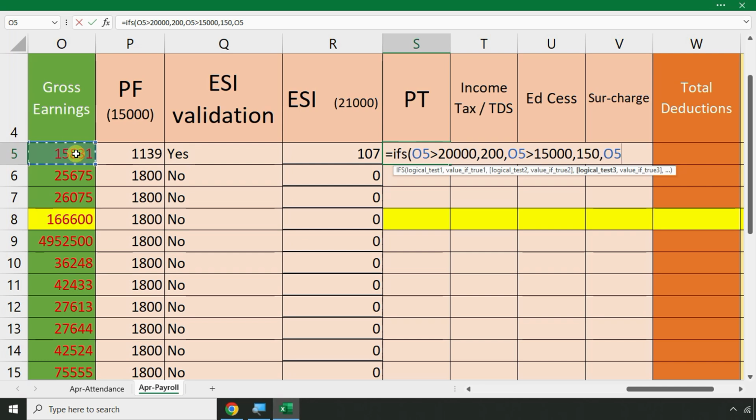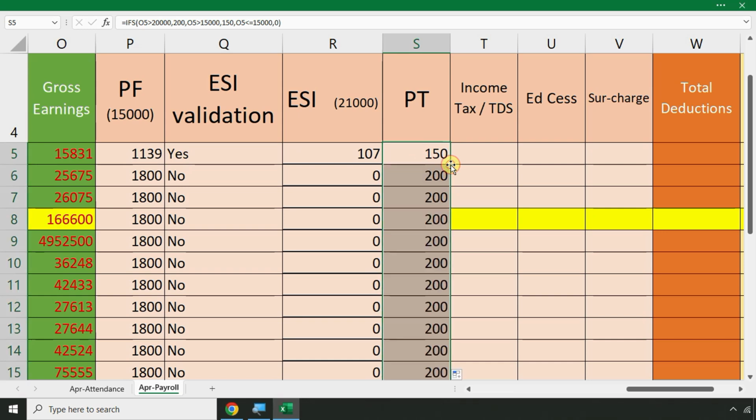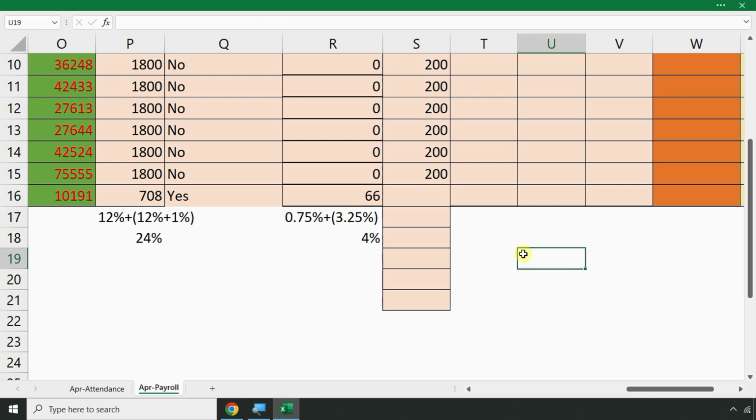If gross less than or equals to 15,000, give me 0. More than 20,000, 200. More than 15,000, 150. Less than or equal to 15,000, go for 0. Clear?